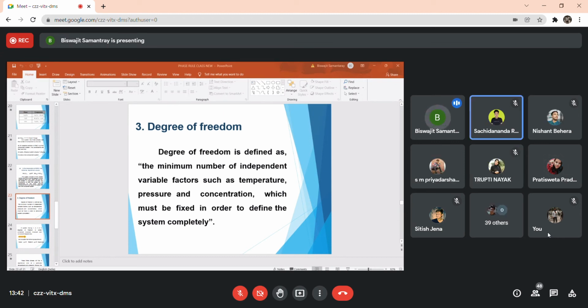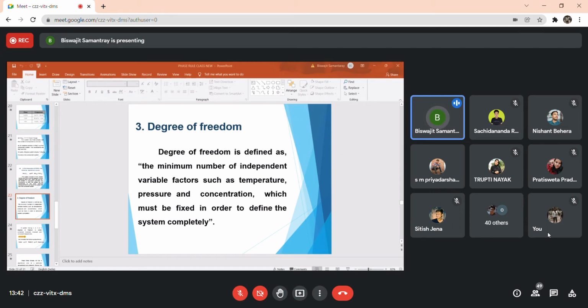Degree of freedom is given by F is equal to C minus P plus 2. Once you know the component of a system and phase, then you can calculate degree of freedom. Degree of freedom is defined as the minimum number of independent variable factors, such as temperature, pressure, and concentration, which must be fixed to define the system completely.